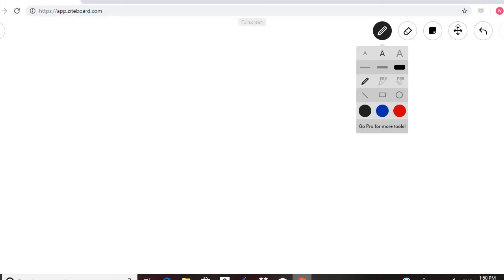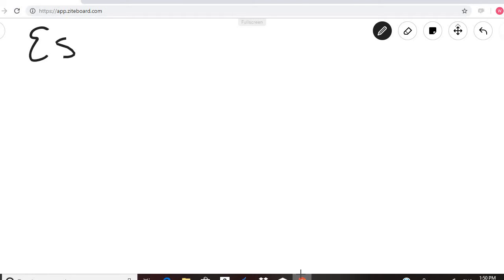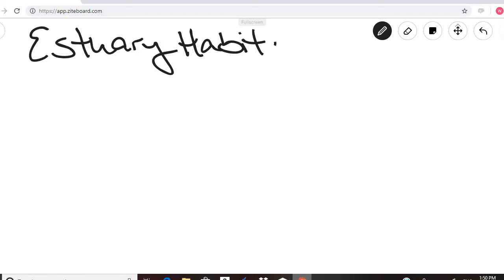I want to just mention a couple different types of estuary habitats. And most of these you've probably heard of, so we won't spend a lot of time on them. So one type of estuary habitat is a wetland.